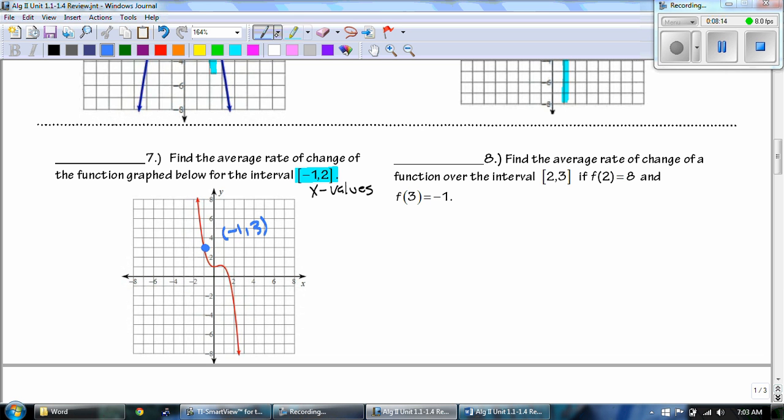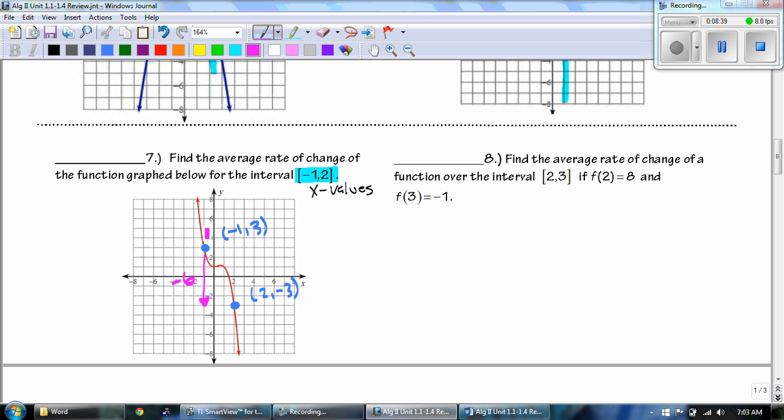Okay, now my other point that it's asking me about is when x is 2. So when x is 2, I'm right there. And that is the point 2, negative 3. Okay, so it wants my average rate of change. So I need to pay attention to how many I go down, which is 1, 2, 3, 4, 5, 6.